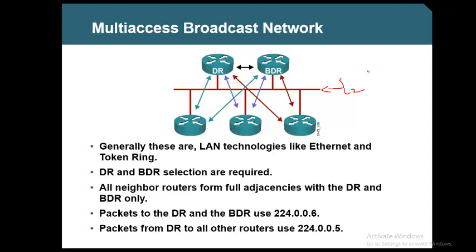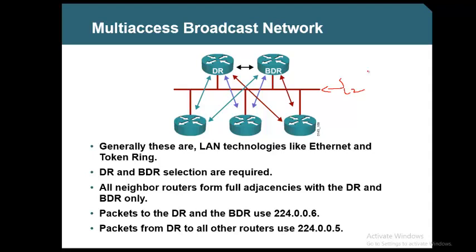We have spoken about this: based on the priority, the router with the highest priority is elected DR. You can go under the interface and say ip ospf priority and a number. Smaller is less preferred. 255 is the biggest number.